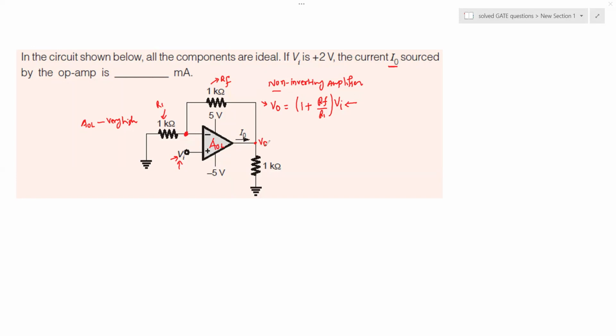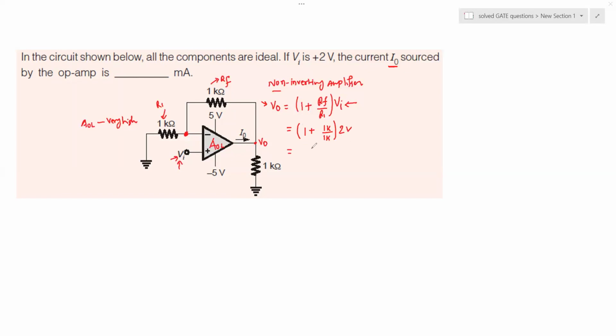So obviously you don't know the value of the gain here, but you know the value of the resistor. So obviously we can say that output voltage will be 1 plus resistor RF is 1k, R1 is 1k, each, and the input is 2 volts.